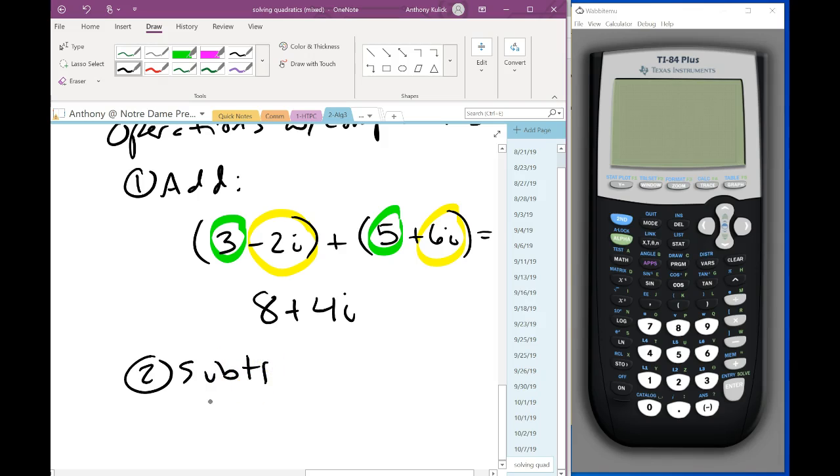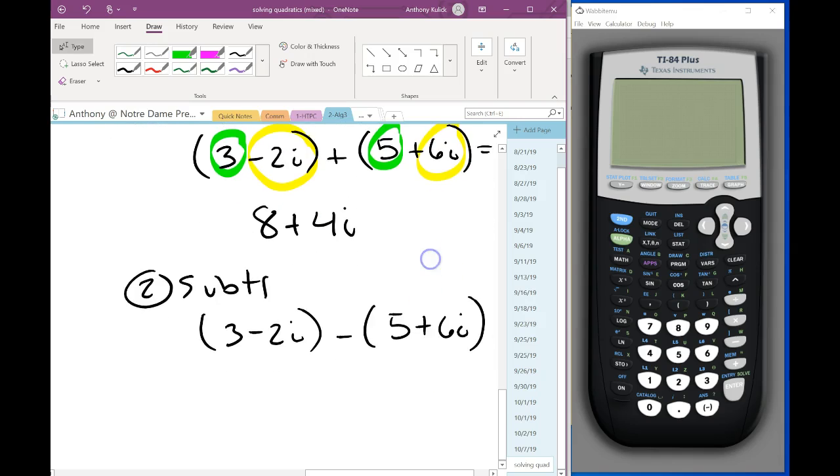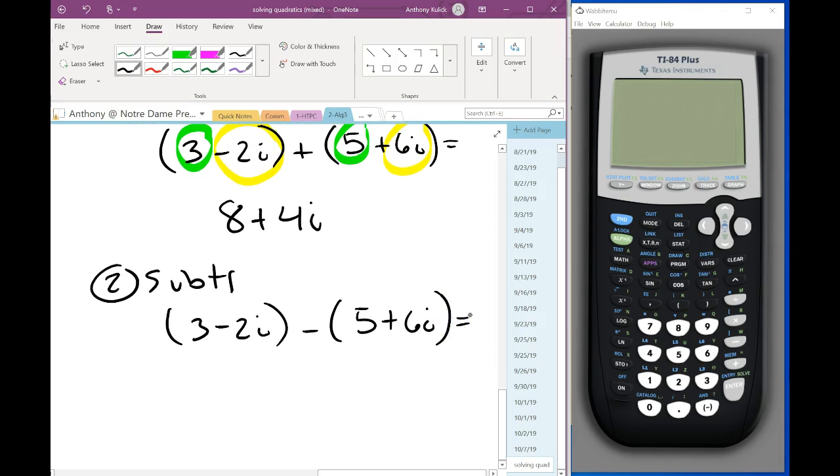What about subtraction? What if I wanted to subtract those same two numbers? If we think about what is our definition for subtraction that we use in everyday math? It's like adding a negative, right? We've used that when we did the factoring, right? We took advantage that subtraction is the same thing as adding a negative.